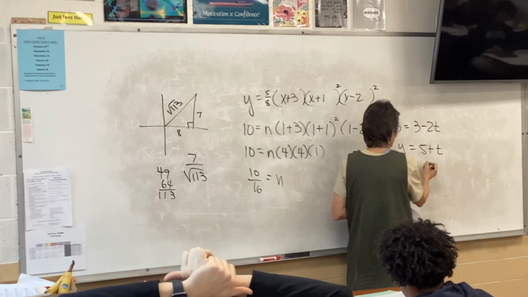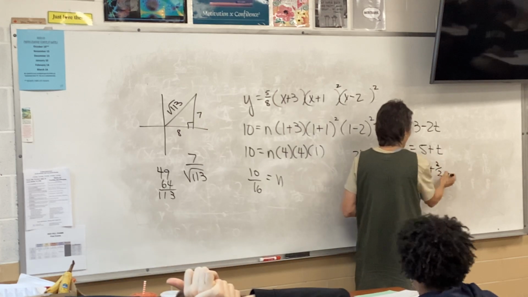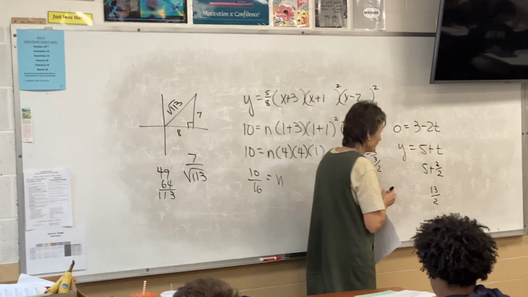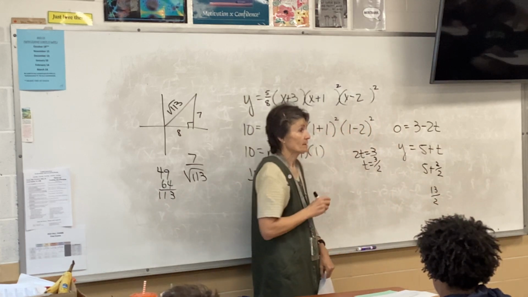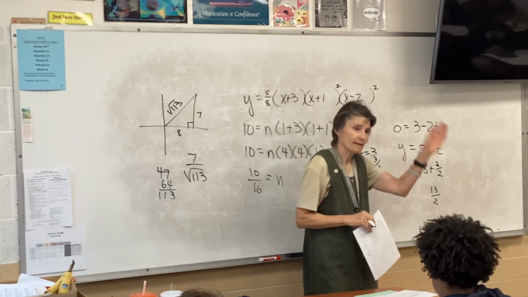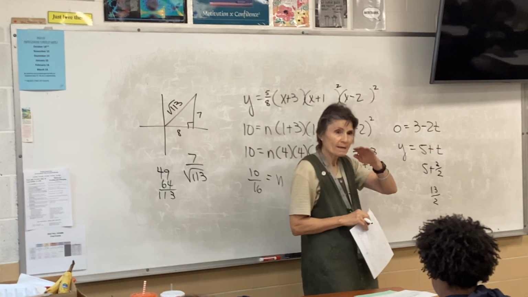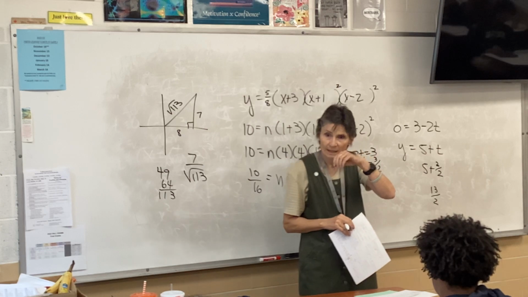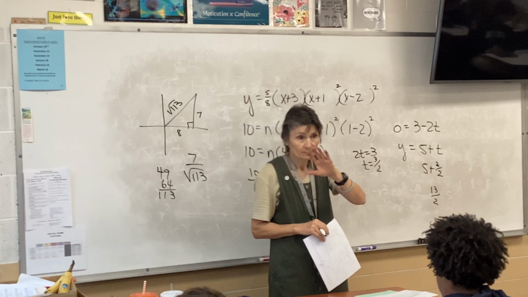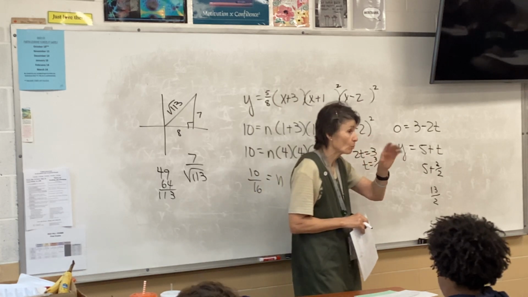And if t equals 3 halves, then y equals 13 halves. Is that right? That's your y-intercept. I don't care what the equation looks like. If you want a y-intercept, you're gonna let x be 0, period. That's it. That's how it's done, no matter what.